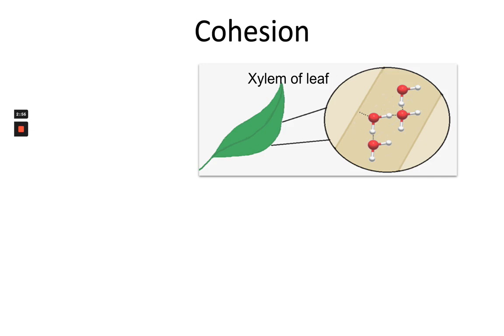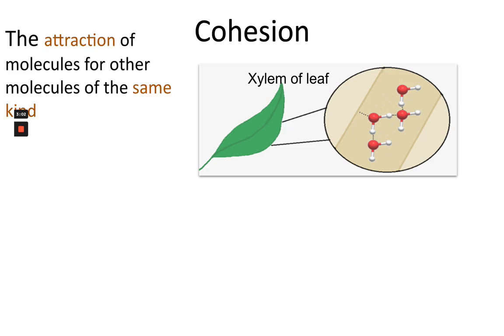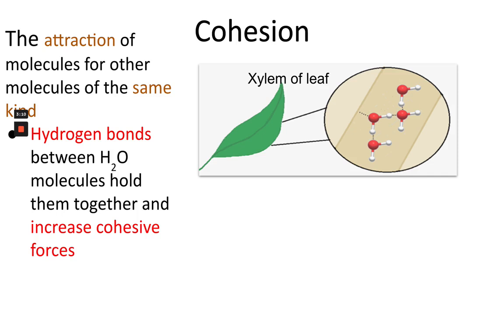The next property that we're going to talk about in regards to water is the property of cohesion. And cohesion is the attraction of molecules for other molecules of the same kind. So in this case, hydrogen bonds between water molecules hold them together and increase cohesion. And so when we're talking about this, what it really means is the fact that water molecules are attracted to other water molecules.